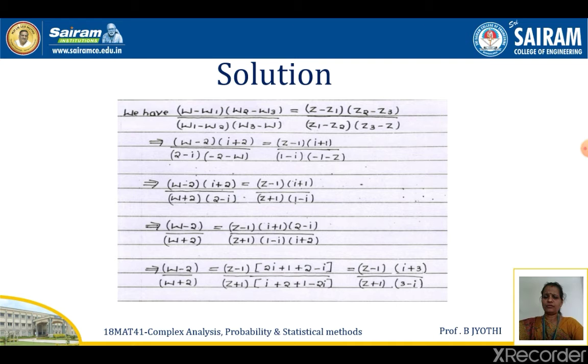That is (W minus 2) by (W plus 2) will give us (Z minus 1) into (i plus 1) into (2 minus i) divided by (Z plus 1) into (1 minus i) into (i plus 2). So on simplification we get (W minus 2) divided by (W plus 2) equals (Z minus 1) into (i plus 3) divided by (Z plus 1) into (3 minus i).